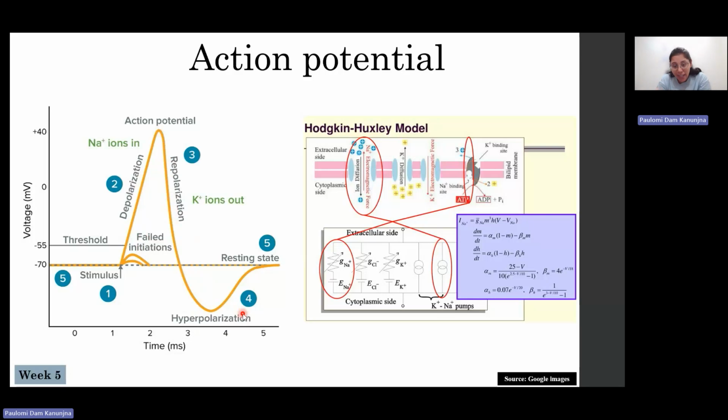So at this stage your pump comes into action, and these pumps do the opposite of what happened during your depolarization. When you are in the hyperpolarized state, your pumps get activated. I'll tell you why they are called pumps. What they do is they push sodium out and they bring potassium in.